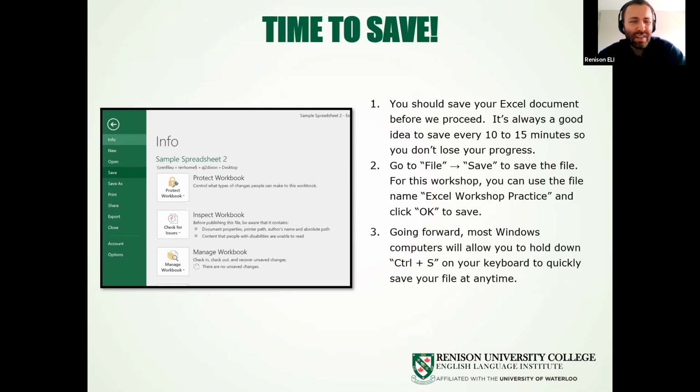If you're on a Mac, I think it's like Option S or something. I can't remember. I haven't used a Mac in a while, but it's something like that. Newer versions of Excel and Microsoft Office have an auto save feature, which is even more helpful. So you don't even have to worry about pressing save. It'll just save every time you make a change, which is great.